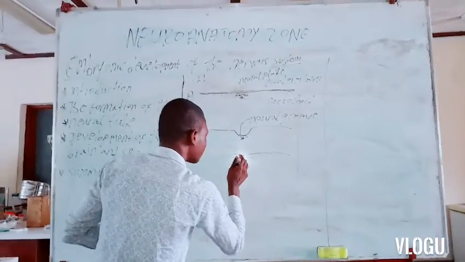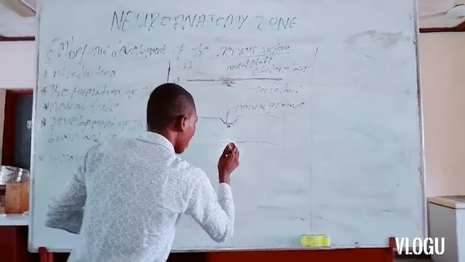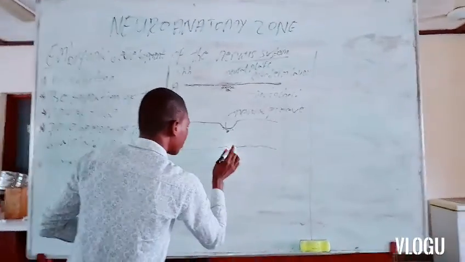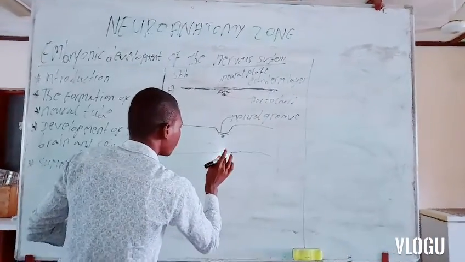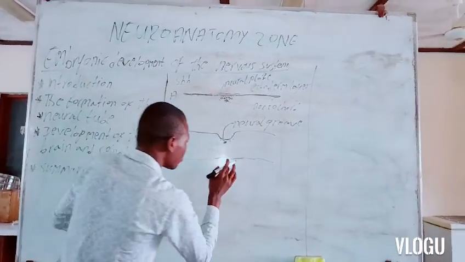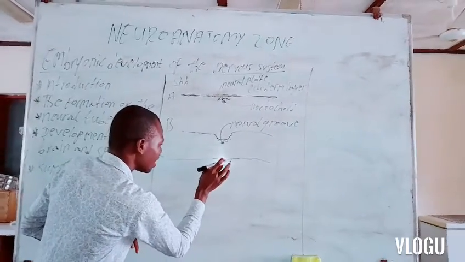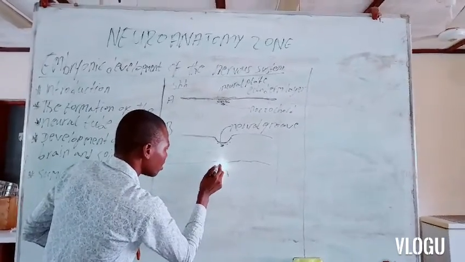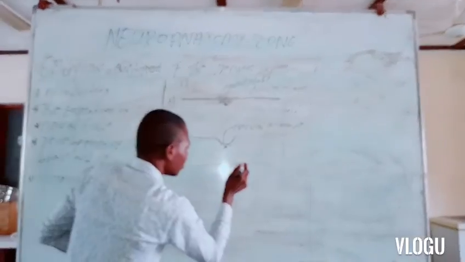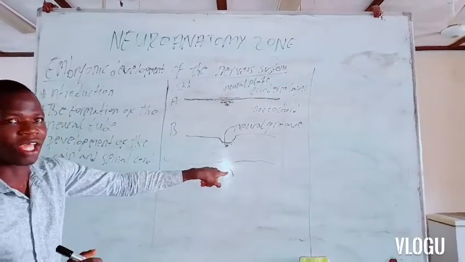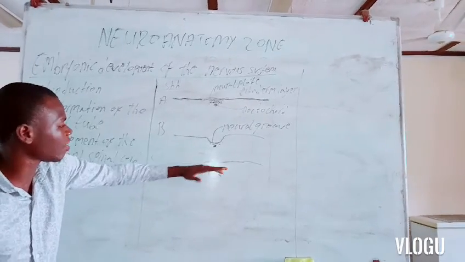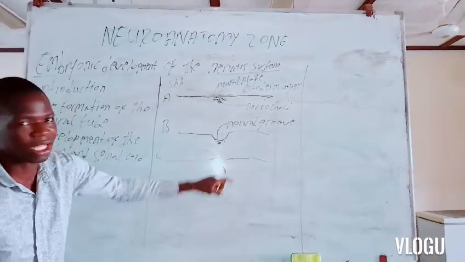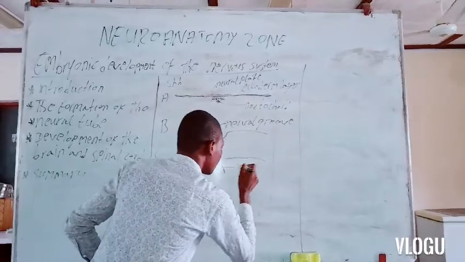After the coalescence of both corners of this neural groove, a tube-like structure will be formed. This newly formed tube-like structure is what is referred to as the neural tube.